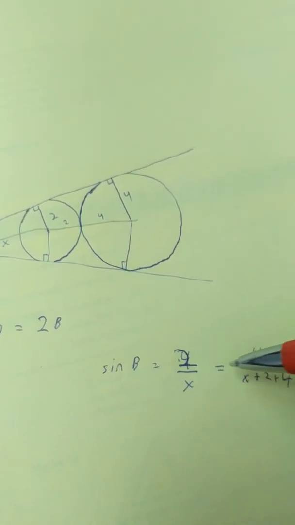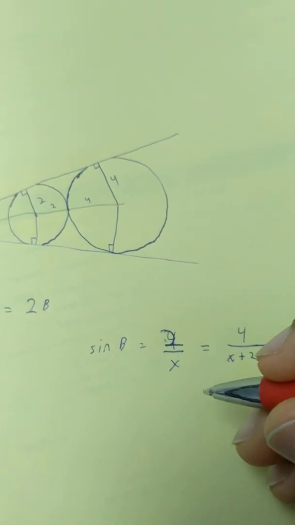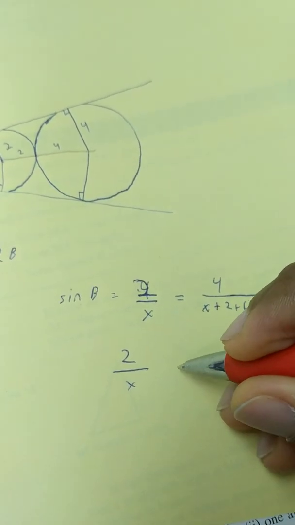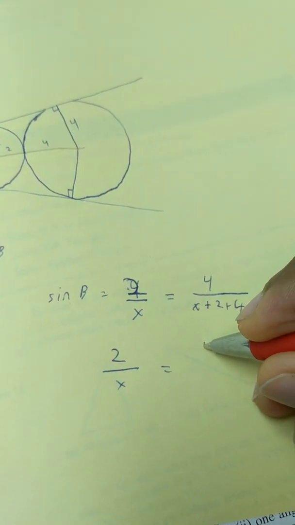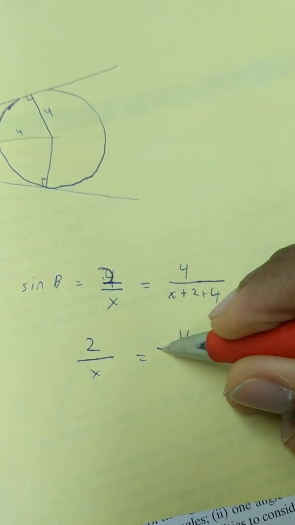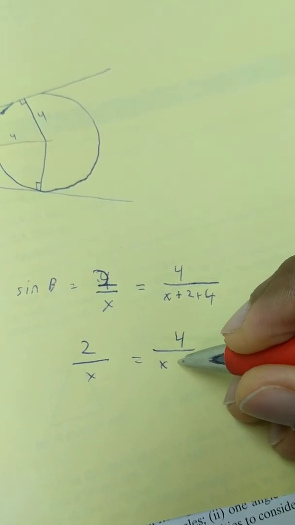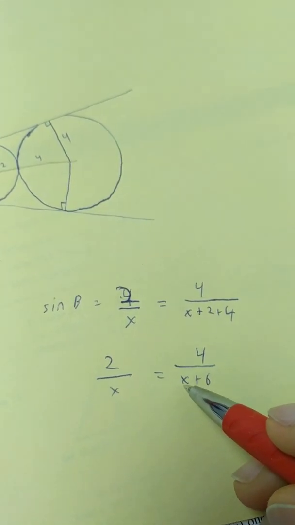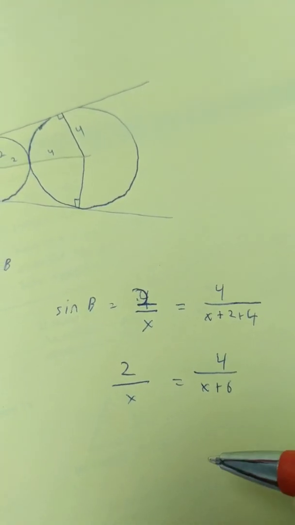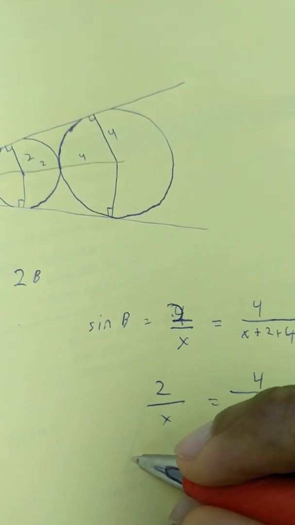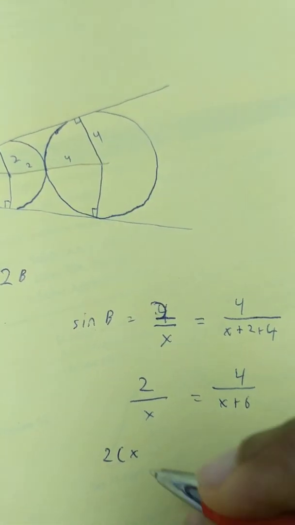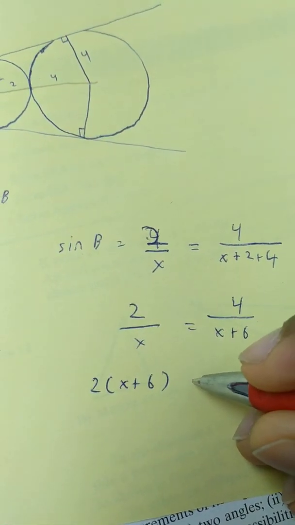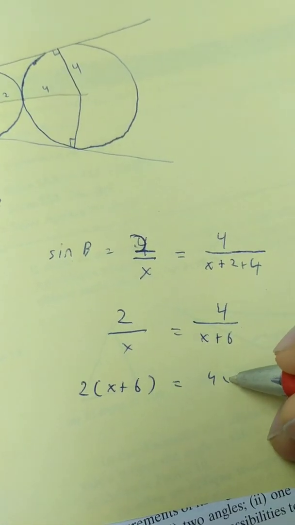And then we can set these equations equal to each other. So we have 2 over x equals 4 over x plus 6. If we now solve for x, you multiply on both sides, you end up with 2 times x plus 6 equals 4 times x.